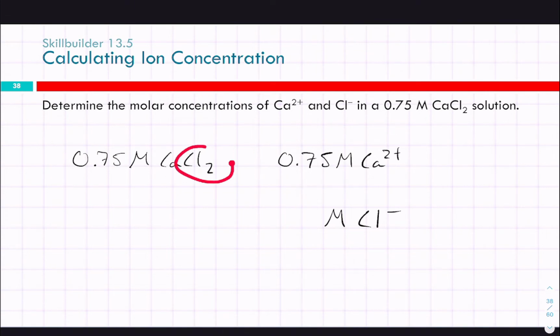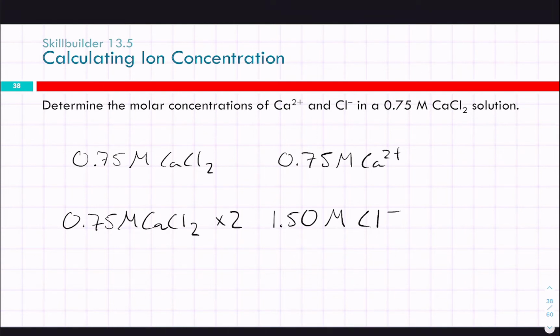Then for the chloride ion concentration, we just take 0.75 molar and multiply it by the fact that we have 2 chloride ions. So we take 0.75 molar times 2, which would be 1.50 molar chloride ions.